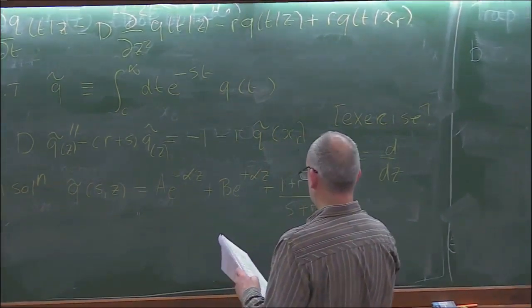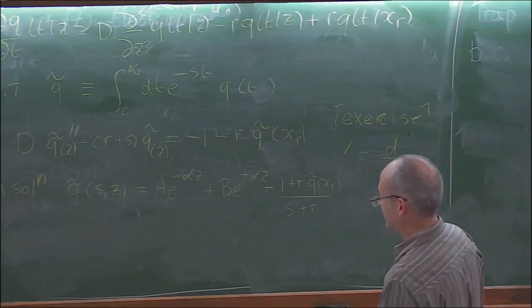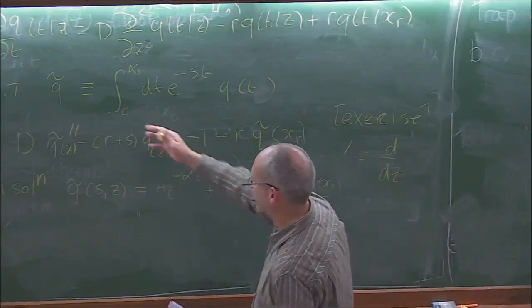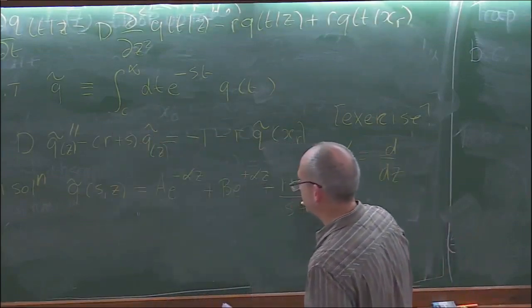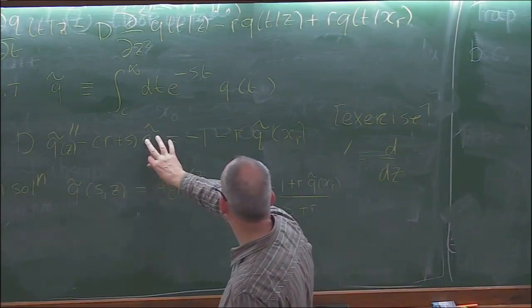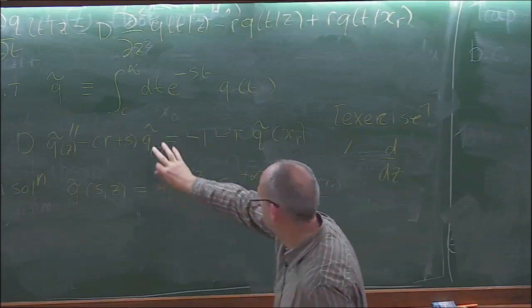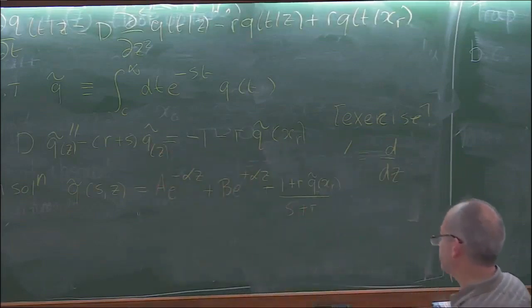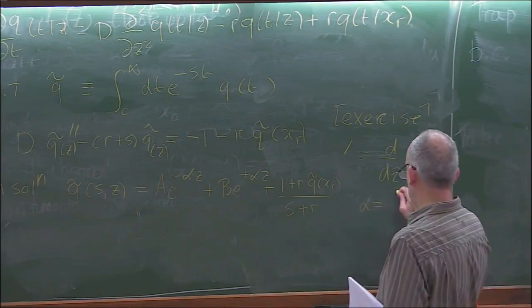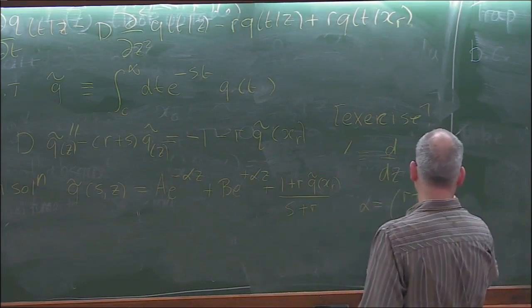So remember, this is the solution of the homogeneous equation. This is a particular solution, Q tilde is a constant. And alpha this time is the square root of (R plus S) over D.